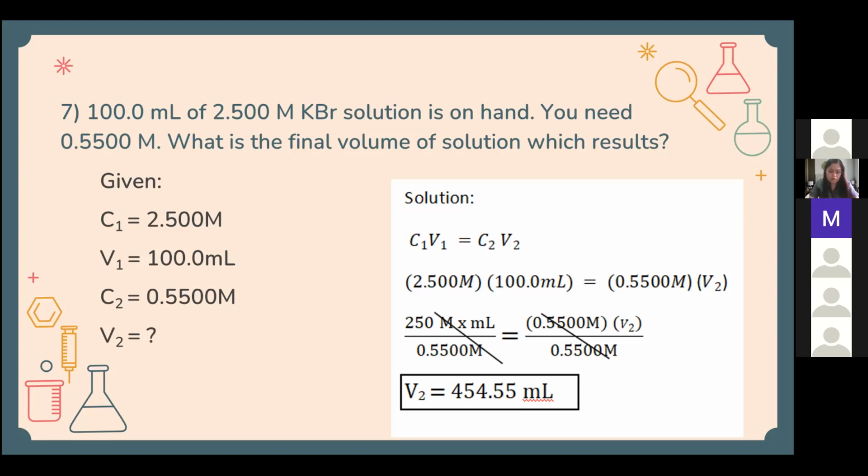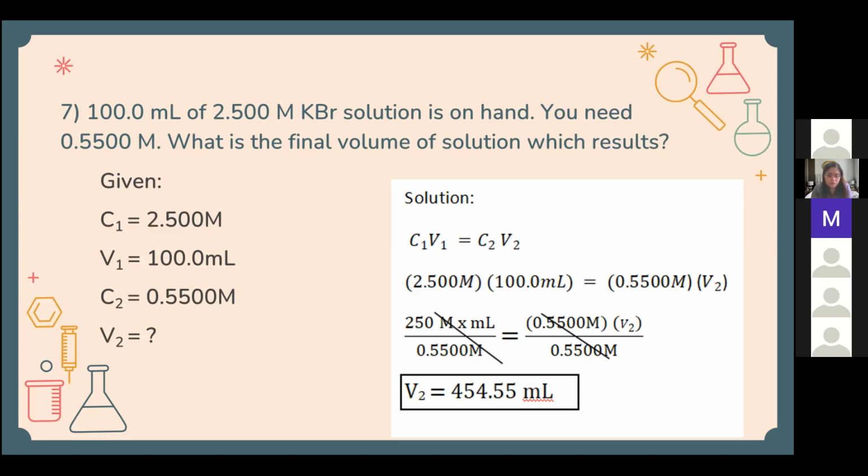Here's the solution. The formula is C1V1 is equal to C2V2. So basically, we will substitute the given to the formula. So C1 is equal to 2.500 M, and V1 is equal to 100.0 mL, is equal to C2, which is 0.5500 M, and V2 is unknown.